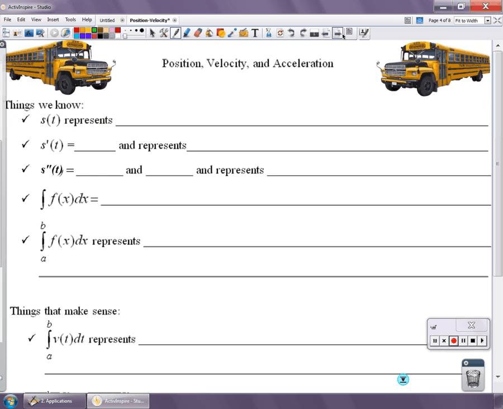All right, let's take a look at position, velocity, acceleration and revisit those ideas. I'm just going to go through this fairly quickly because they're old ideas. We know that s of t generally represents a position function. The derivative of that is v of t, and it is a velocity function. It's the first derivative of position.